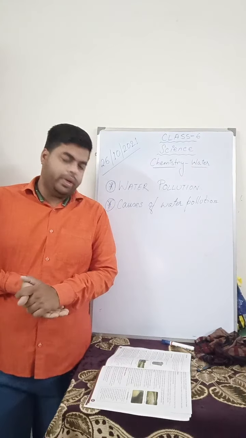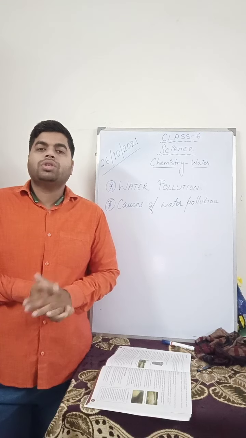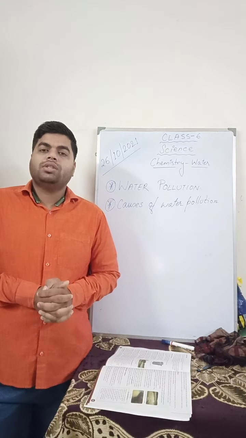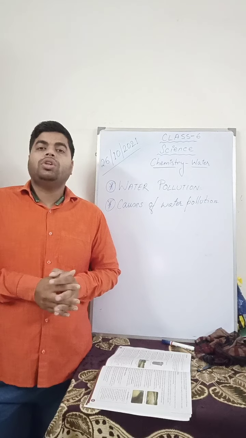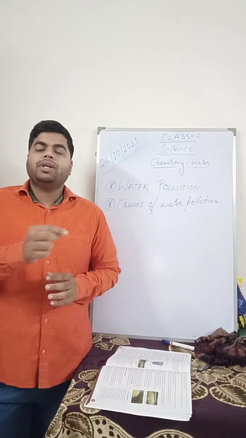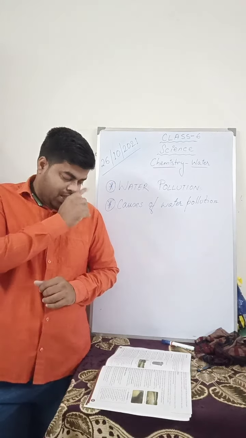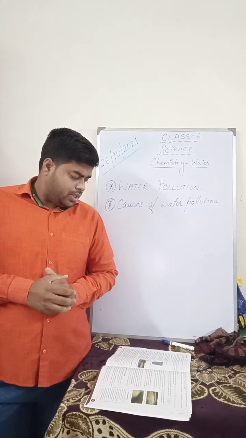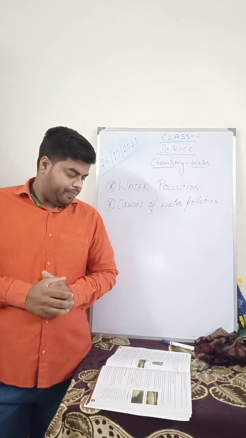Number one, domestic waste. The waste that is made or produced in the houses is known as domestic waste. And this waste is thrown into the water bodies, which makes the water contaminated, which makes the water impure. The food wrapper, plastic covers, decayed food waste, metal cans, etc. are examples of domestic waste.